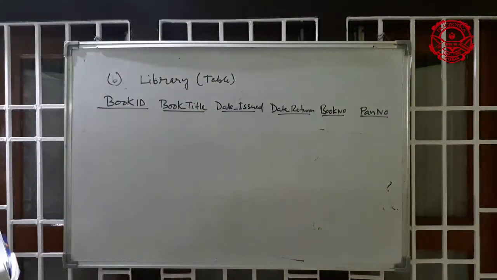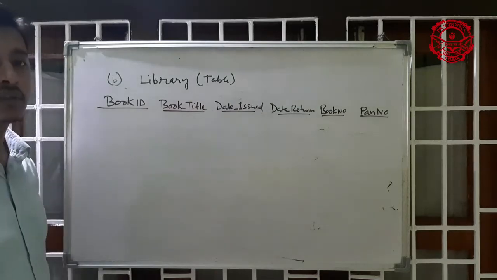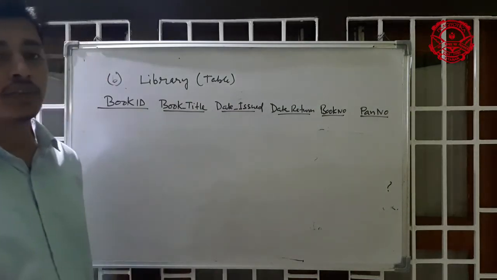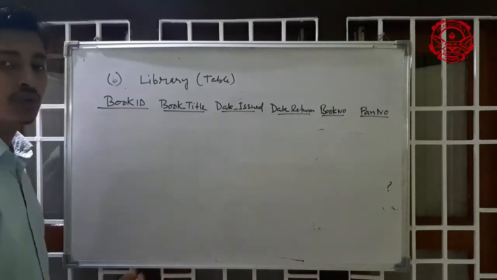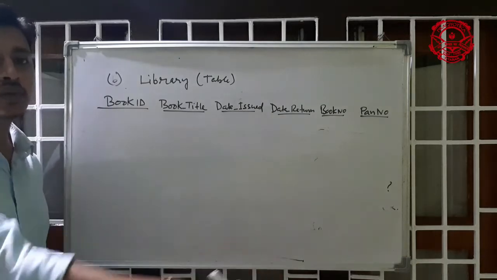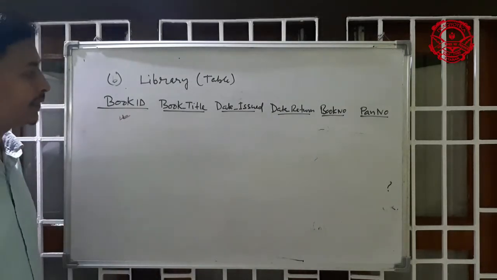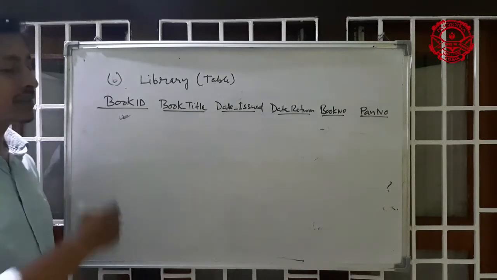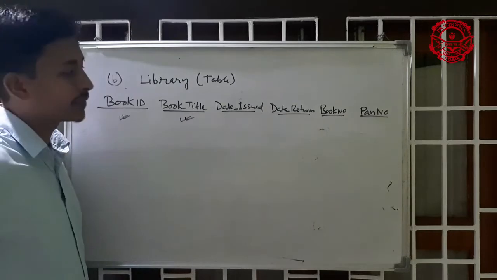Now see, in the library there are thousands of books. So that's why we need to give a book ID. Every book has an ID, so book ID is required. Book title means the title of the book. It is also important.